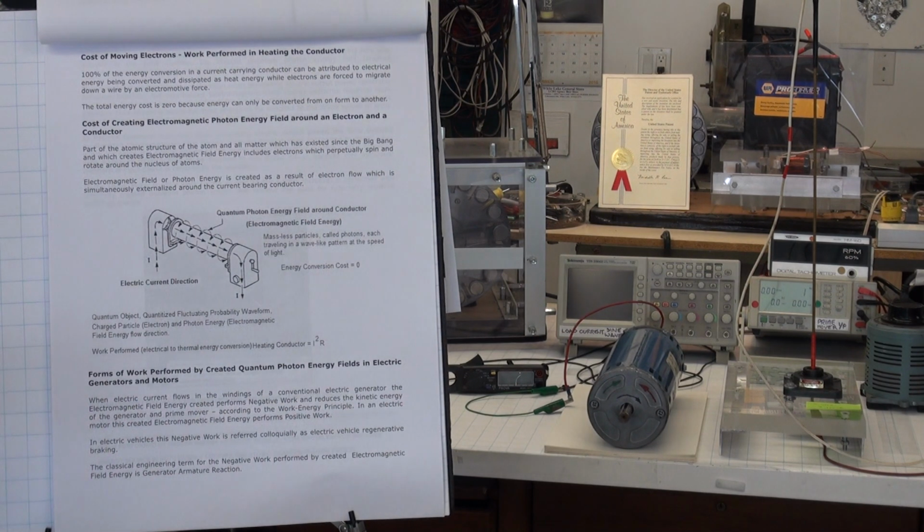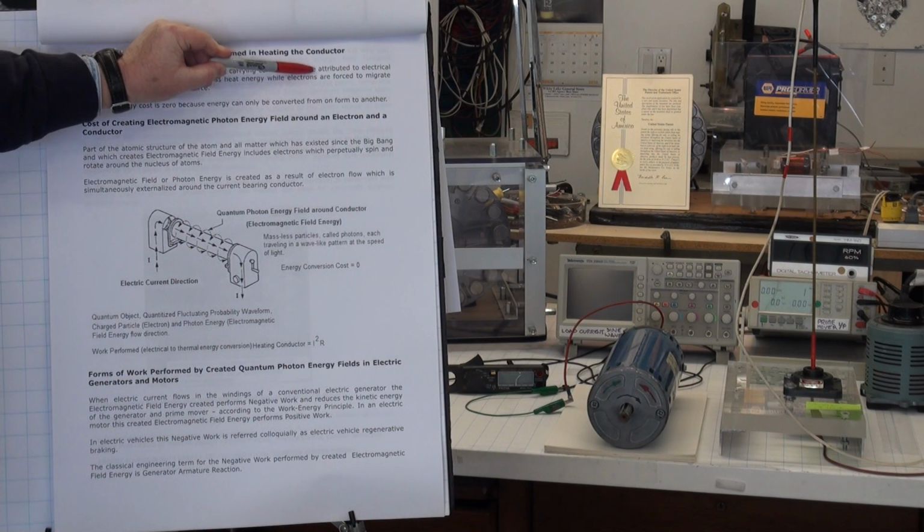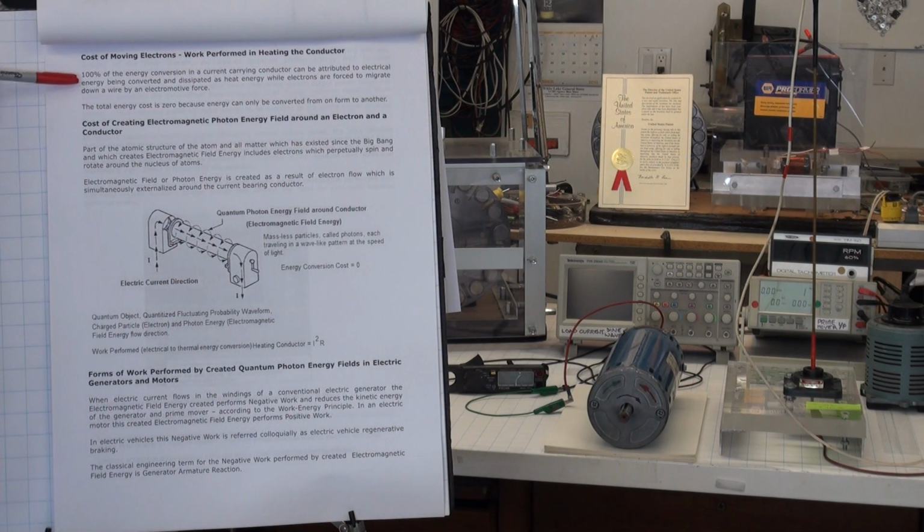Cost of moving electrons. The work performed in heating a conductor, 100% of the energy conversion in a current-carrying conductor can be attributed to the electrical energy being converted and dissipated as heat or thermal energy, while electrons are forced to migrate down a wire by an electromotive force.